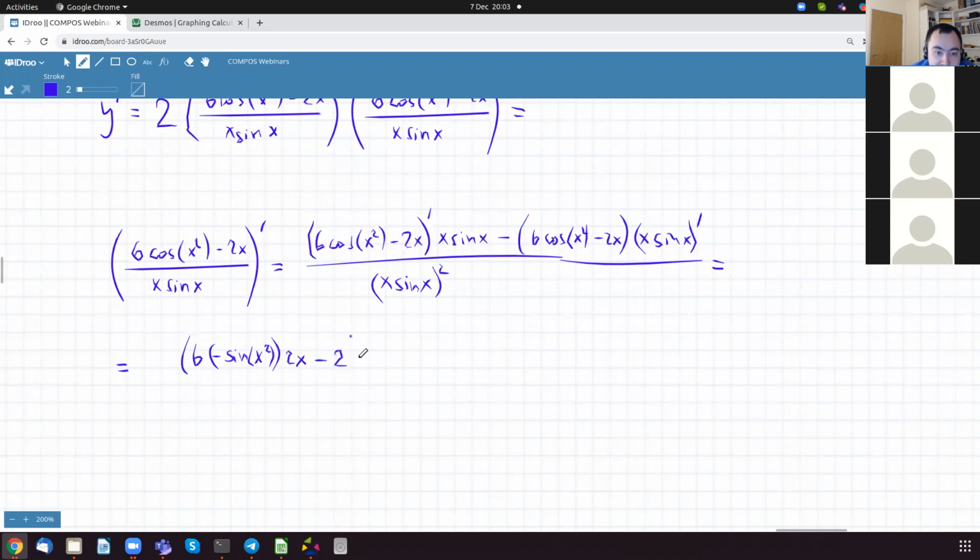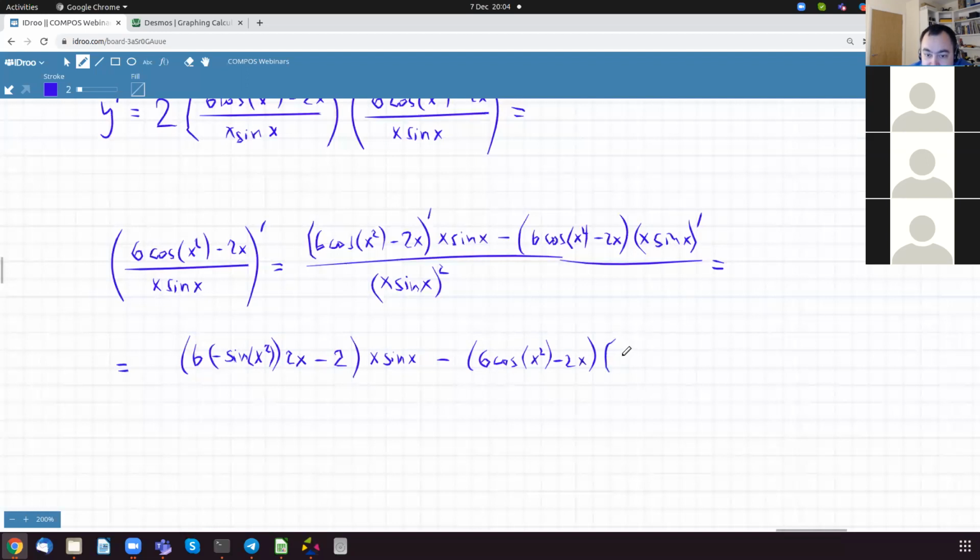And this is multiplied by x sine x. Minus, now this doesn't change, so 6 cos x squared minus 2x. And then we find the derivative of x sine x. This is the product rule again, and we've actually done it.